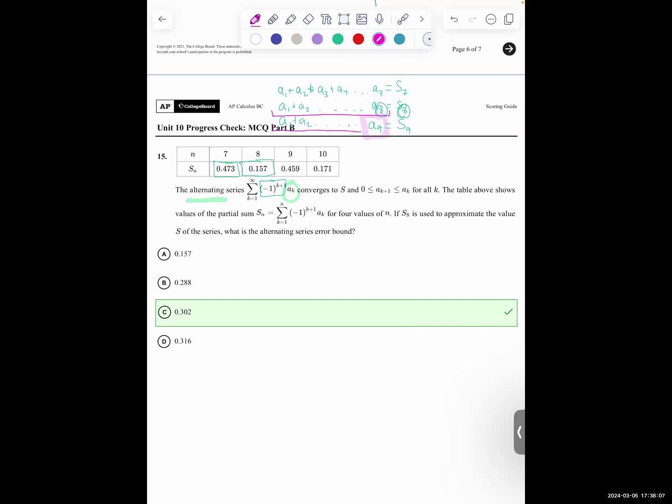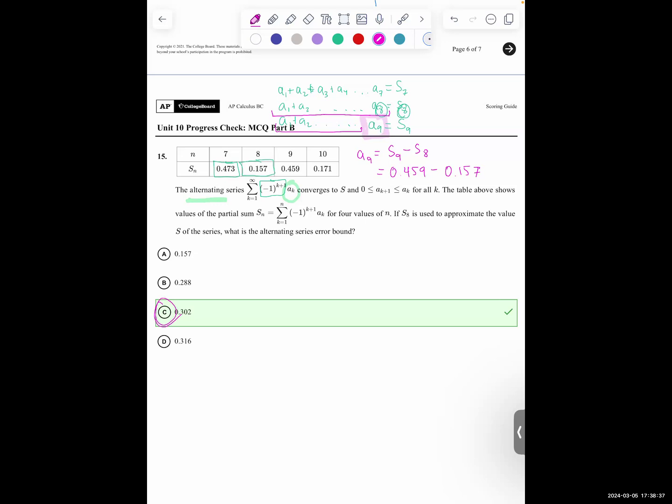So S sub 9 is a sub 1 through a sub 8 plus a sub 9. So to figure out what a sub 9 is equal to, we would find the difference, S sub 9 minus S sub 8. So if we look at our chart, we have 0.5459 is S sub 9, that's the partial sum, minus 0.157. And that's going to result in 0.302.